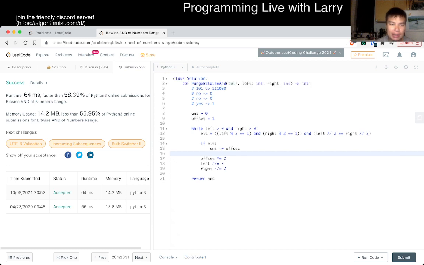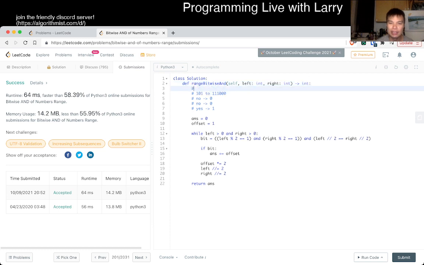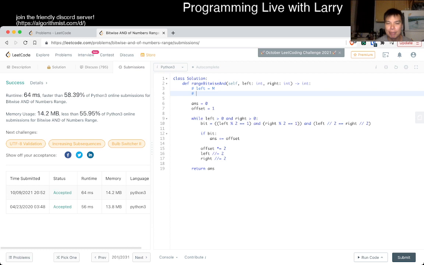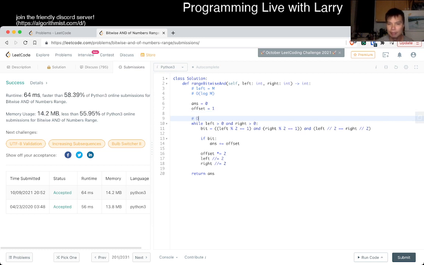So what is the running time of this? This is going to be linear. Linear, of course, in the size of the input, and the size of the input is 2 ints, which means that for a number left equal to m, say, the size of the input is going to be O of log m, because that's the number of bits, and of course we divide by 2 every time, so this is going to be O of log m, right?